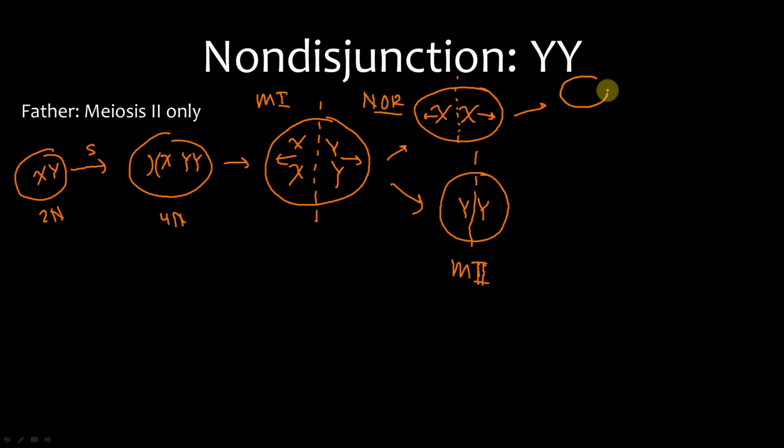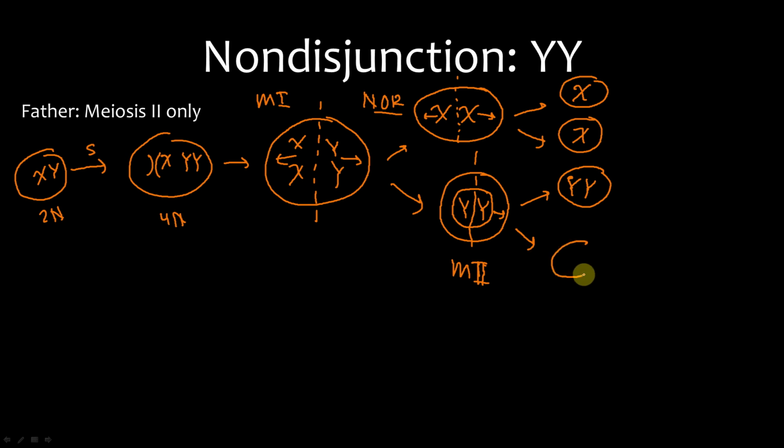You would expect each gamete to have an X, and then here, we would expect each one to have a Y. But instead of each Y going on its merry way, both Y's get a little greedy and go to the same side. So this results in a cell that is Y, Y, and then this one has nothing.